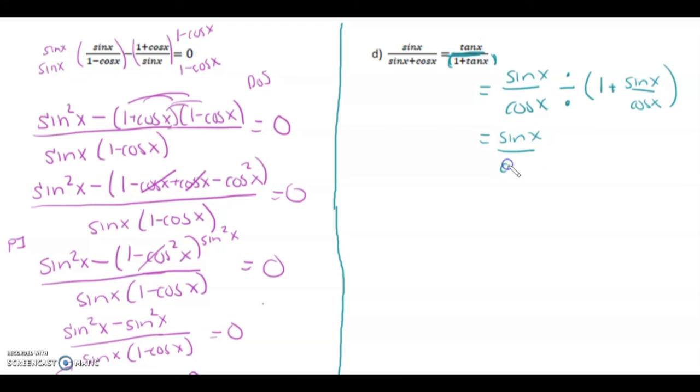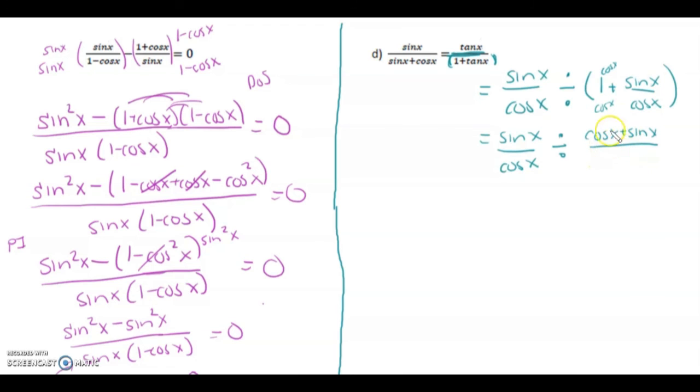Here's the thing. I'm just going to rewrite the first term here. I'm not comfortable flipping this as it is because we have two terms. So let's find a common denominator. I'm going to multiply this by cos x over cos x. So now I have cos x plus sine x. Do not sub in Pythagorean's identity because these are not squared.